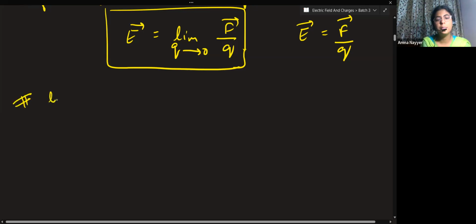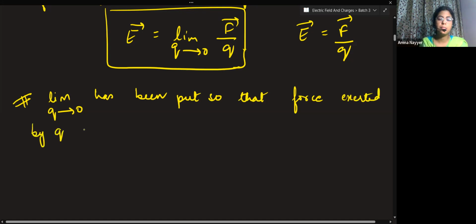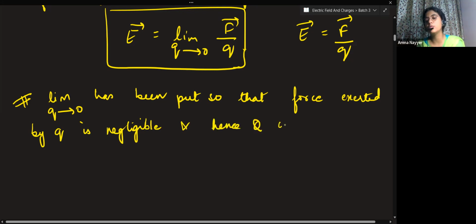Limit q tends to 0 has been put so that the force exerted by small q is negligible and hence capital Q cannot move.